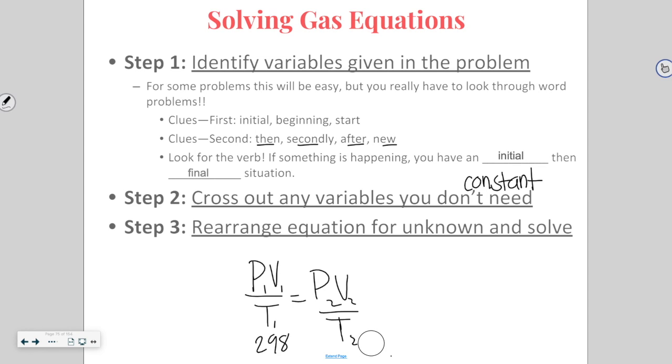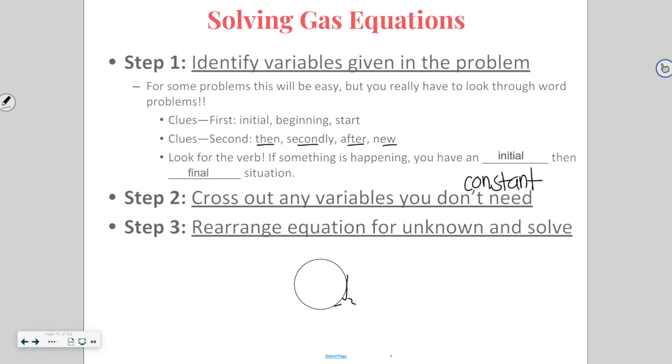So why would I include that in my math problem if it's not going to tell me anything important? So then I could just erase temperature because temperature stays the same. So anything that stays constant or isn't talked about is not relevant or imperative to your problems, to your calculations.